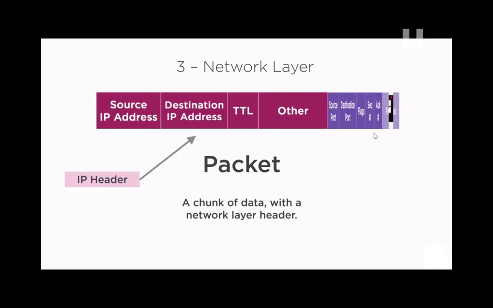In layer 3 we add some additional information at the beginning of the chunk of data. Whenever we add additional information to the original data, this process is called encapsulation. So keep in mind what encapsulation is.